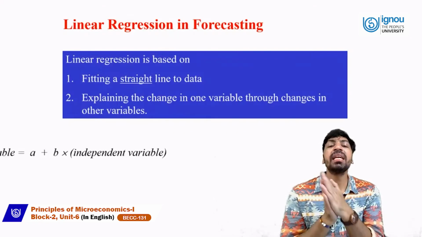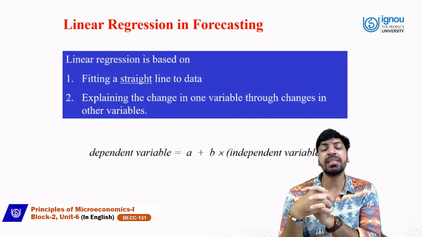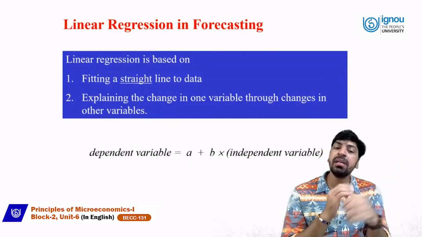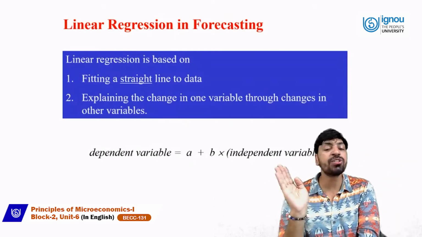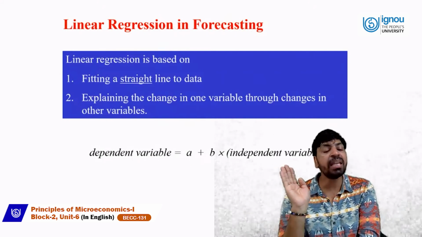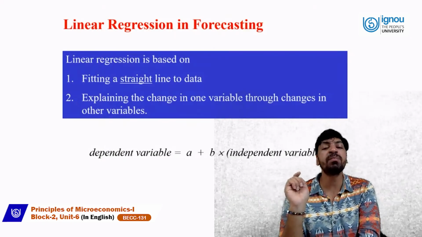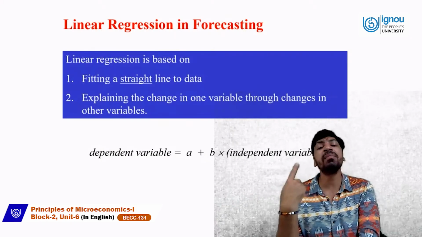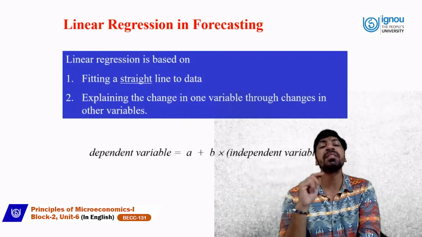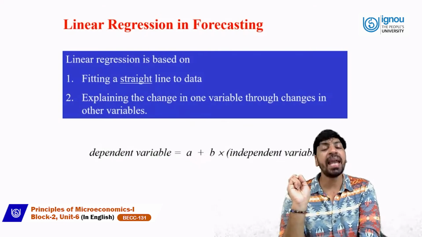There is a mathematical equation with a dependent variable and an independent variable. If the dependent variable is y and the independent variable is x, that means y = a + bx.